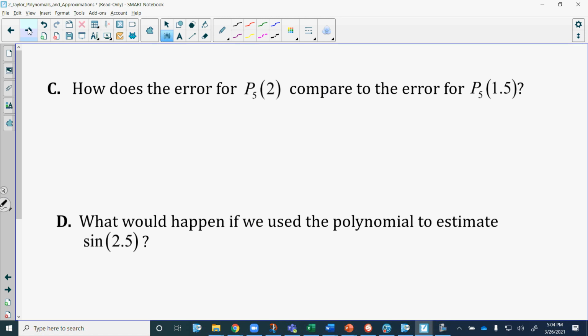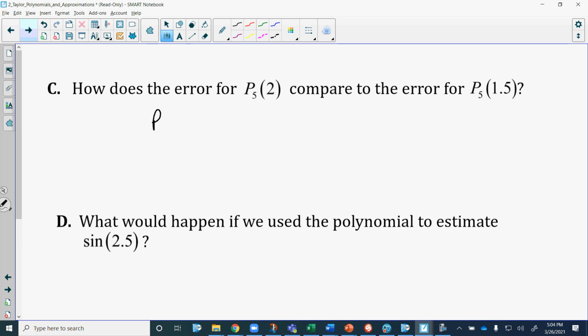And that could be resolved by making a larger degree Taylor polynomial. We could get a much better approximation by making the degree of the polynomial larger. But how does the error compare?